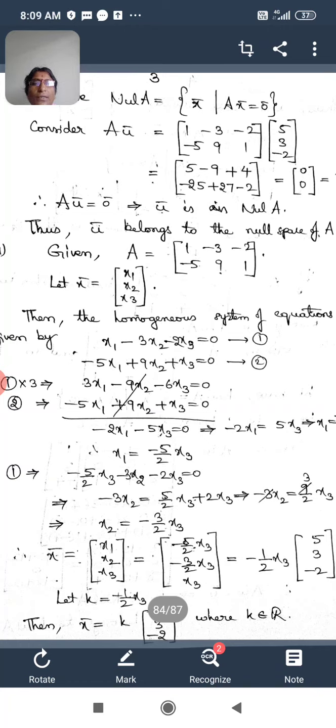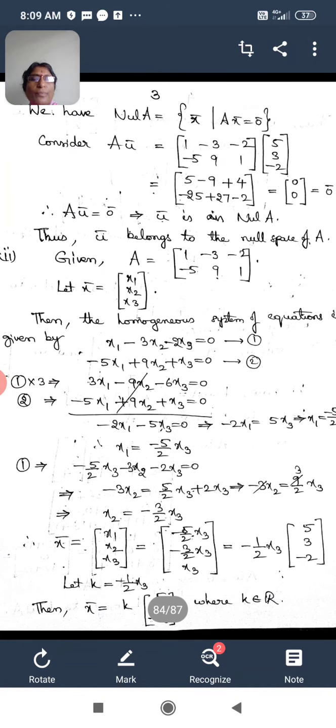Now taking minus 1 by 2 x3 common from all these three elements in the matrix, we can write it as minus 1 by 2 x3 times 5, 3, and as there is no minus half in the last element of the matrix, we should write it as minus 2. So after taking minus half x3 as common, we got minus 1 by 2 x3 times the column vector 5, 3, minus 2.